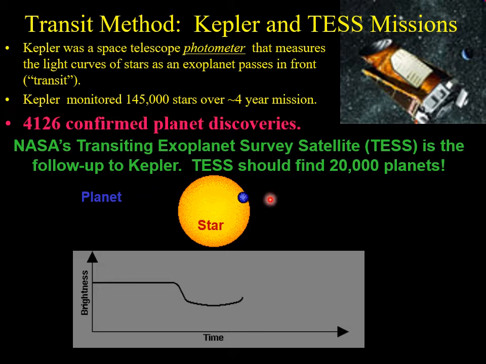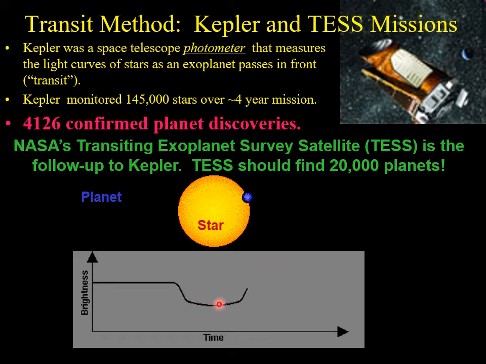But obviously this planet is not going to completely block out its star because the planet is much smaller than the star. So instead what we see is called a light curve. This is the brightness of this star over time, and notice it dips when the planet goes in front of it because the planet is blocking some of the star's light.